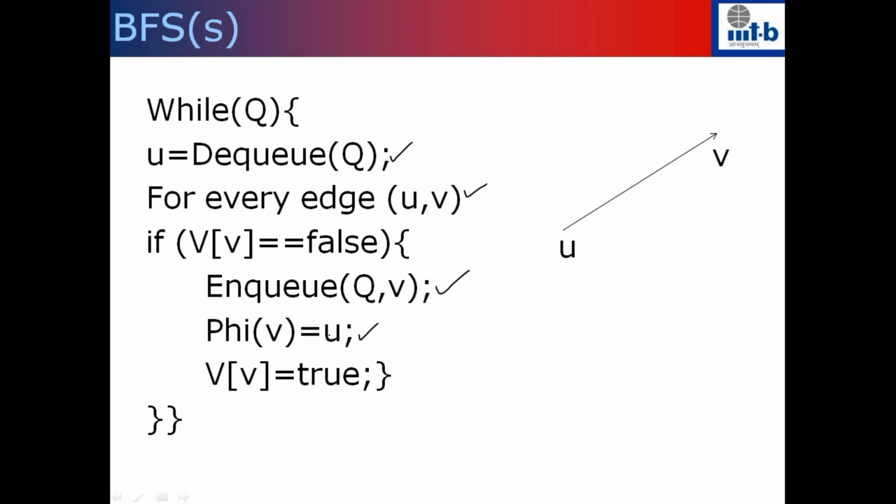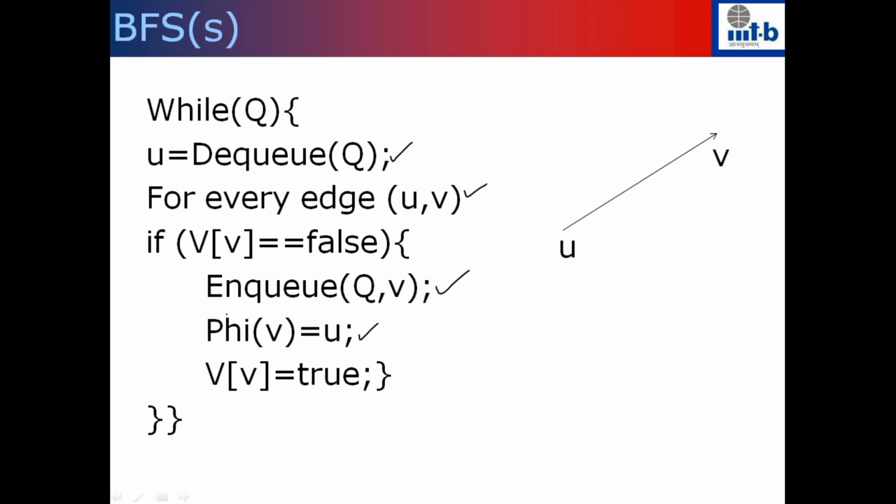So u is the one which is causing v to be added. Because of u, we are adding v into the data structure. In other words, the vertex v has been discovered by the vertex u. So we set pi of v to be u, and since this vertex v has been added into the queue, we set the flag of v to be true.